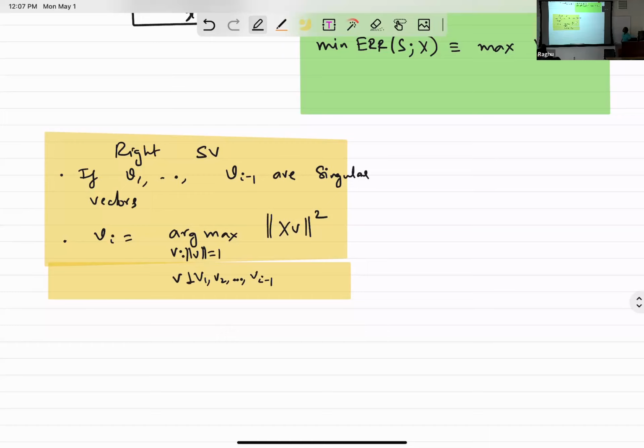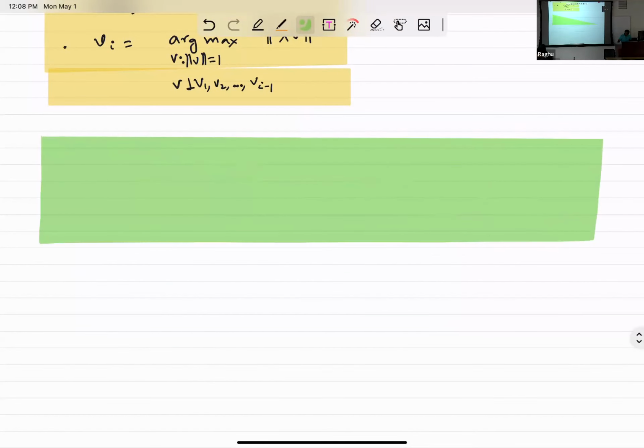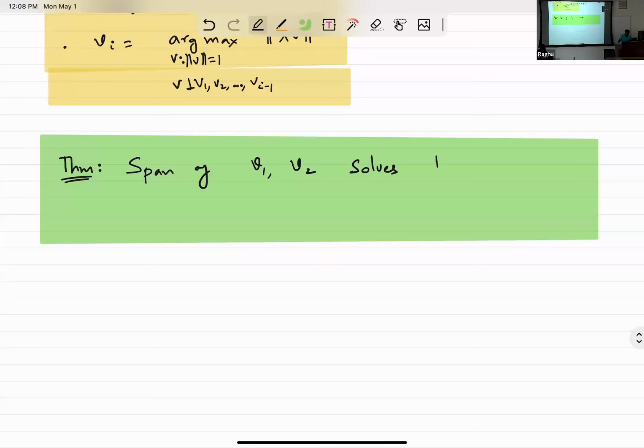Okay. And the last thing that we talked about was this theorem that span of V1, V2 solves the best fit subspace problem for K equals 2.